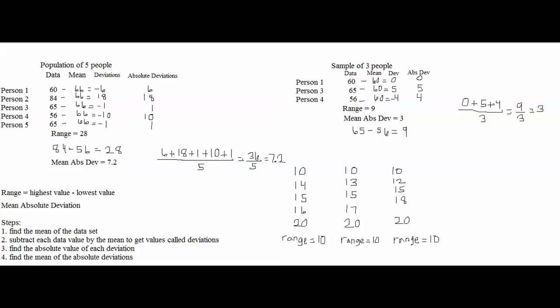I'm going to show you how to calculate two other measures of dispersion called the variance and standard deviation. And to find the variance and standard deviation, you have to actually find squared deviations. Before I show you how to find squared deviations, I'll write out the steps for the variance and standard deviation.